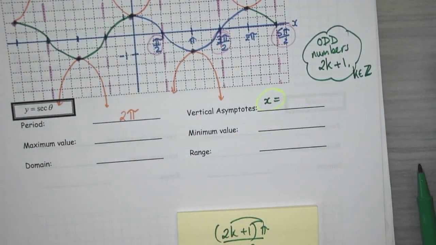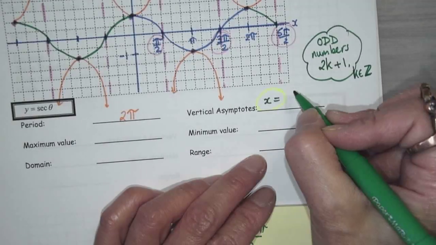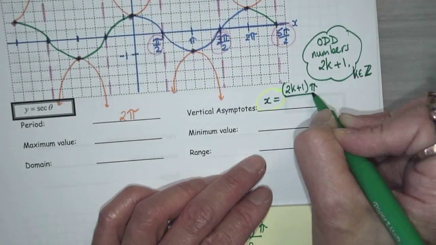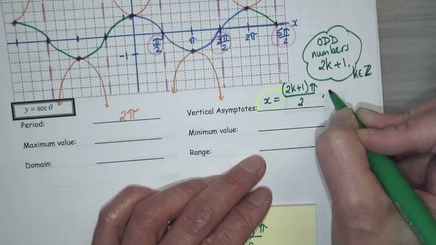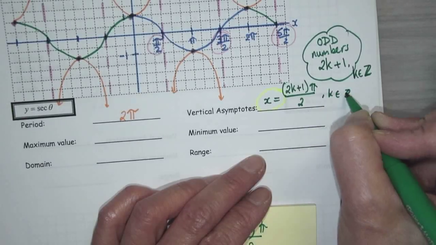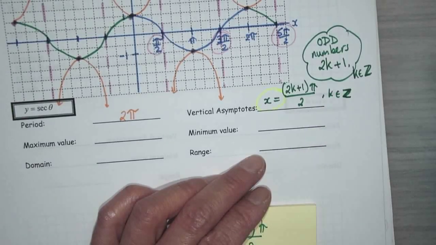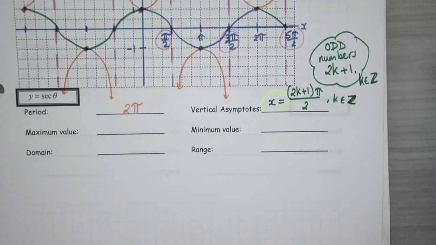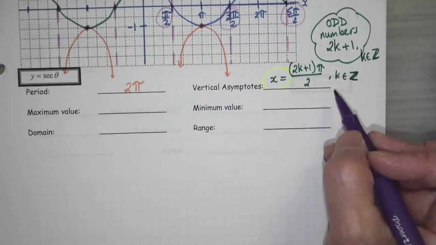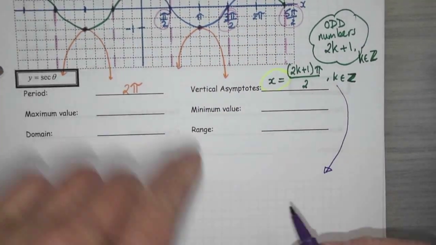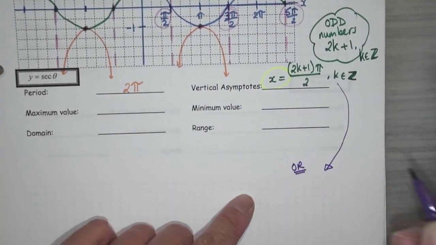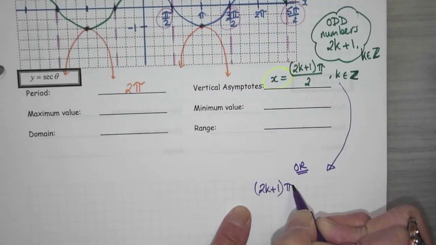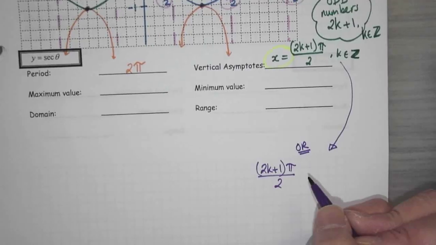Remember, asymptotes are always equals. Then I'm going to go 2k plus 1 pi over 2, where k is an element of Z. Sorry, I do my Z's funny. If you do this on the side here, you can go 2k plus 1, and then you distribute it, it's the same thing.